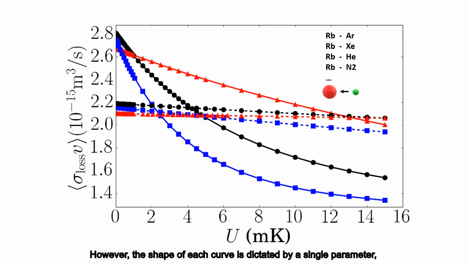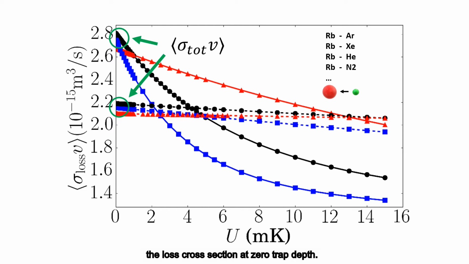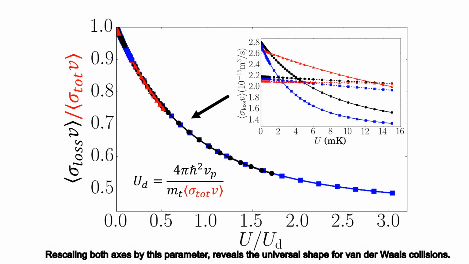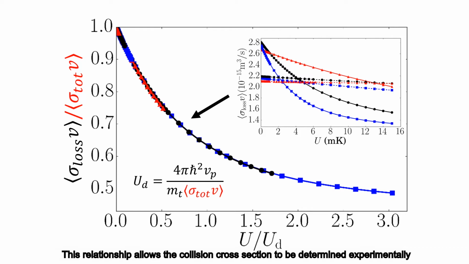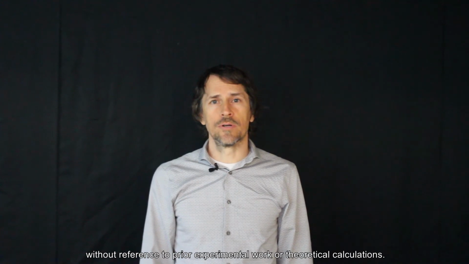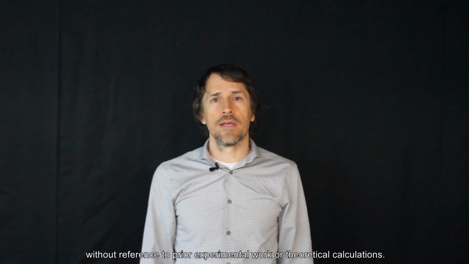However, the shape of each curve is dictated by a single parameter, the loss cross-section at zero trap depth. Rescaling both axes by this parameter reveals the universal shape for van der Waals collisions. This relationship allows the collision cross-section to be determined experimentally without reference to prior experimental work or theoretical calculations.